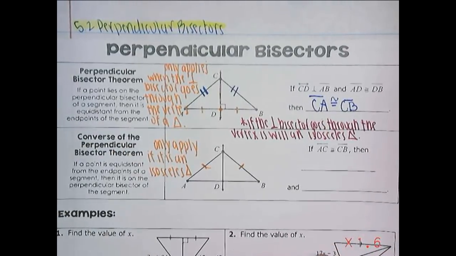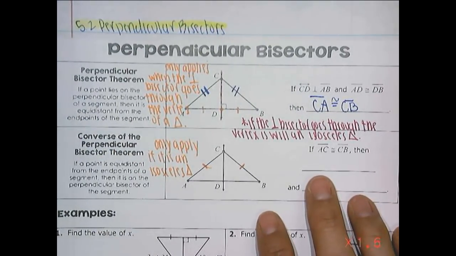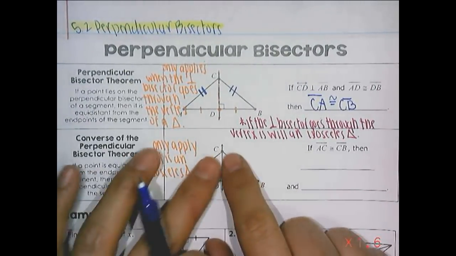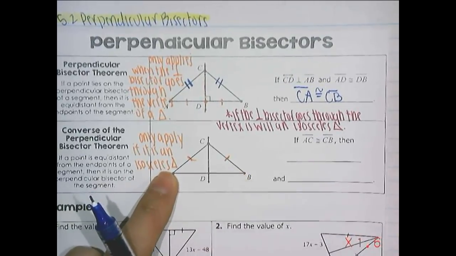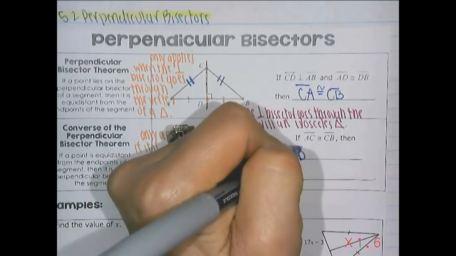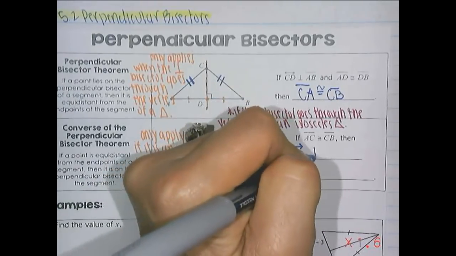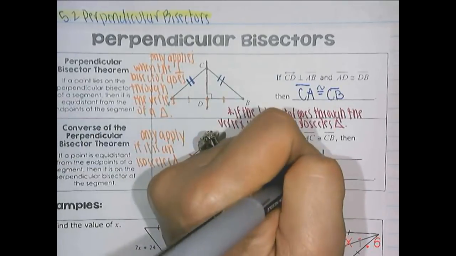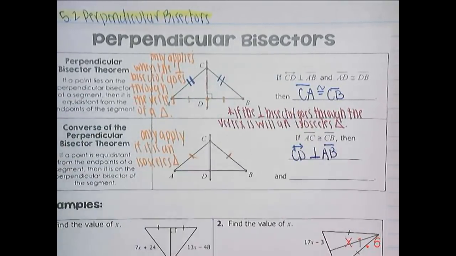So what we want to look at here is if AC is congruent to CB, which it is, it's an isosceles triangle, then you know that line CD is perpendicular, remember that's the symbol, an upside down T, to AB.